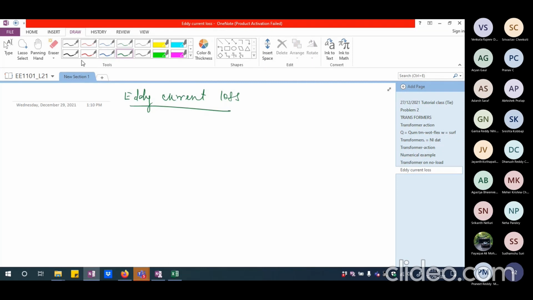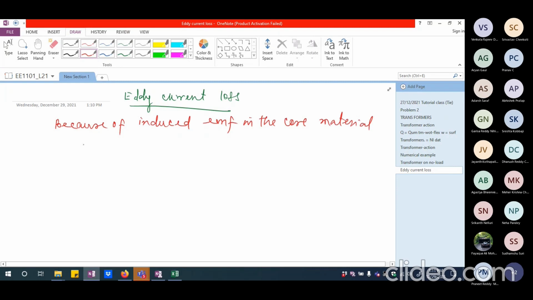Eddy current loss generally is because of induced EMF in the core material. And this induced EMF will also circulate a current in the core material.